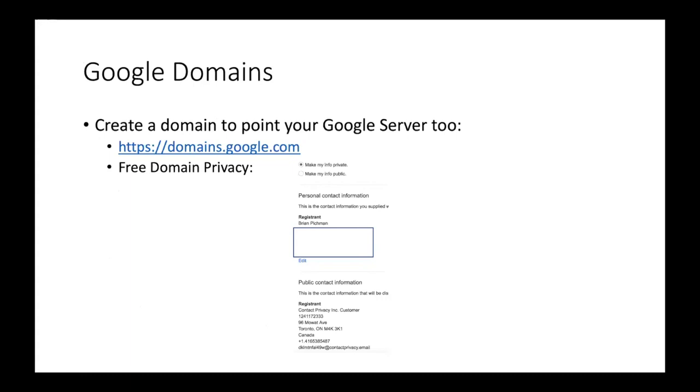So if something's wrong with that domain or you're sending out spam, people know who to contact. However, most people don't like to be contacted by spammers, and there are a lot of spammers that look for this information. So Google has created a privacy filter where it's just a generic number and email address. If people contact it, and most of the time it's just telemarketers, they will only inform you if it's actually worthwhile. It makes your information private and gives you extra peace of mind and security.